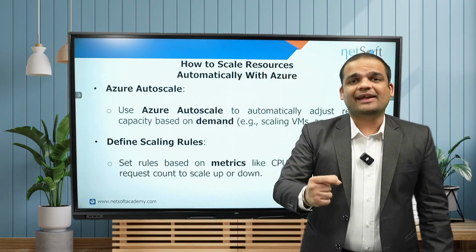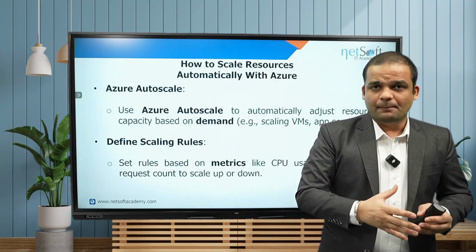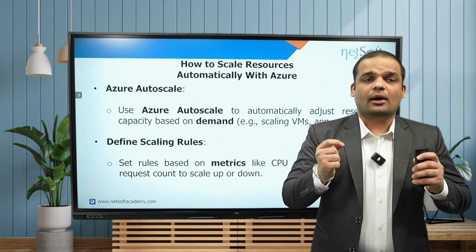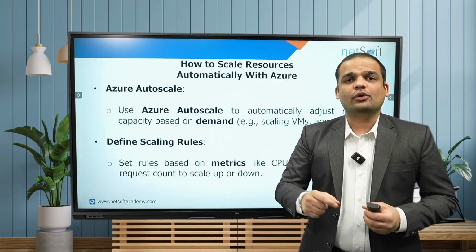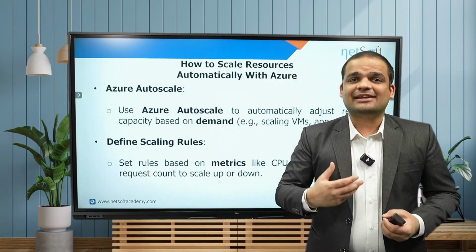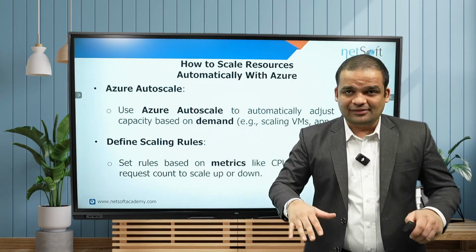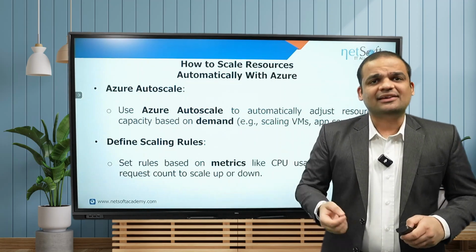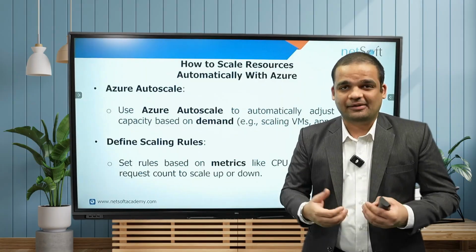So here the administrator, or you, will define the scaling rule based on a specific metric. For instance, if CPU usage exceeds a certain threshold, you can automatically scale up resources. Or if the load decreases in the future, then the system can scale down to save some money.